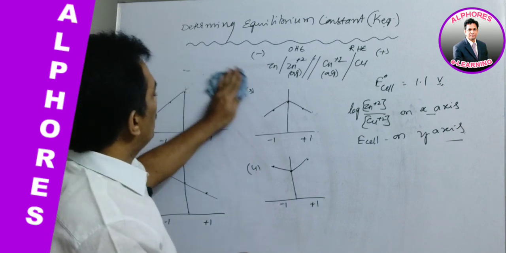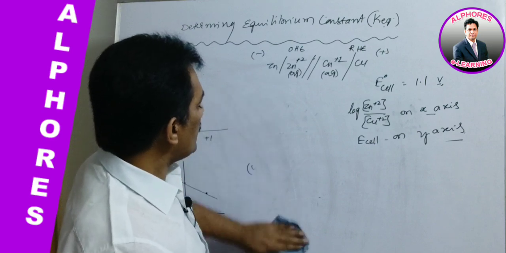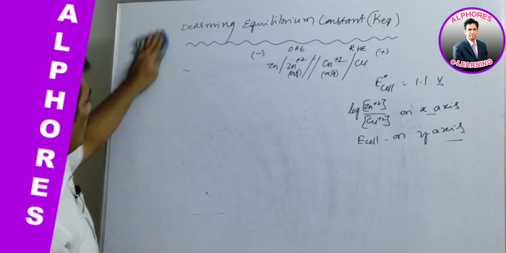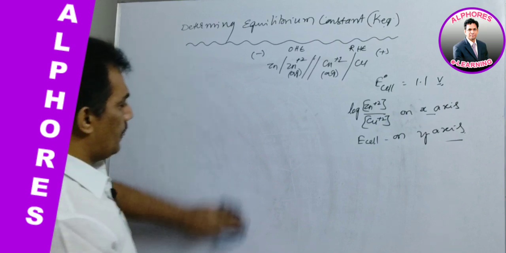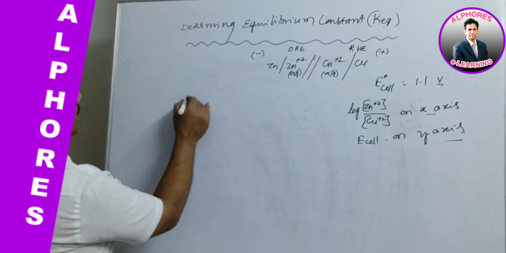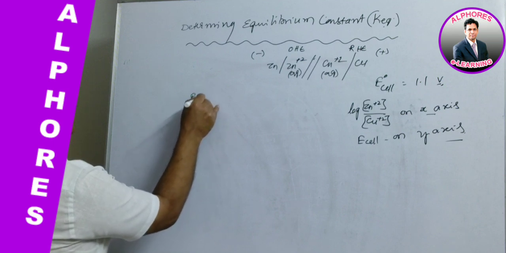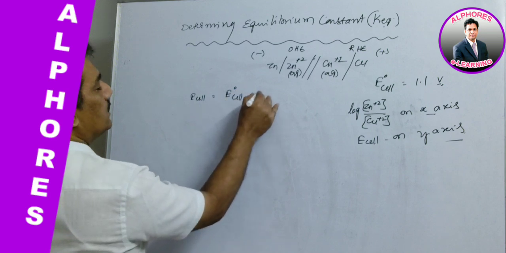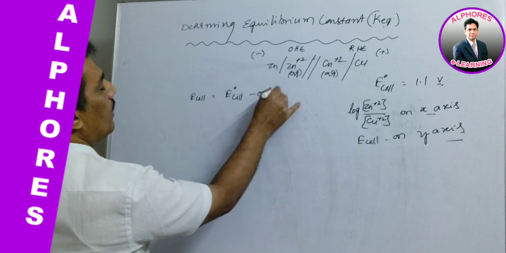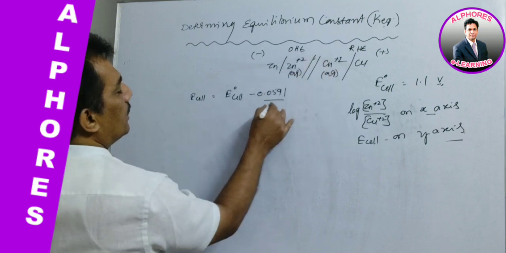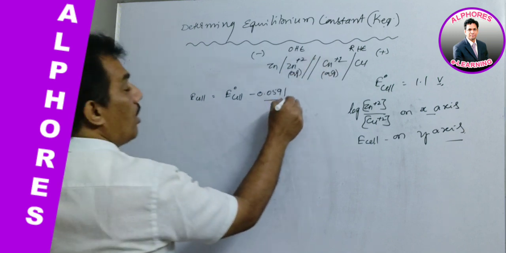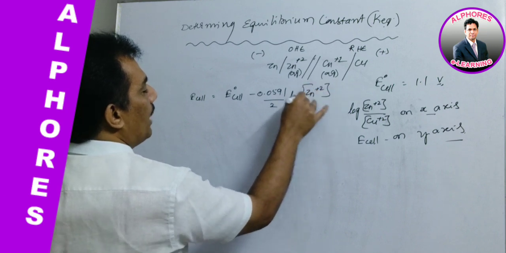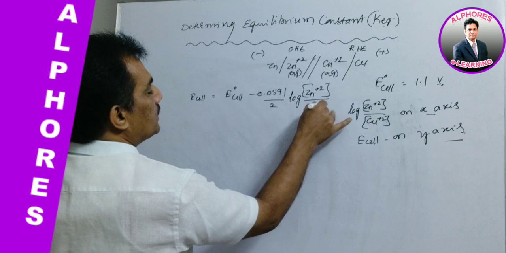Just you observe, when we are considering the Nernst equation for this Daniell cell, which is written as E cell is equal to E naught cell minus 0.0591 by n, here n value is 2, log Zn plus 2 by Cu plus 2.